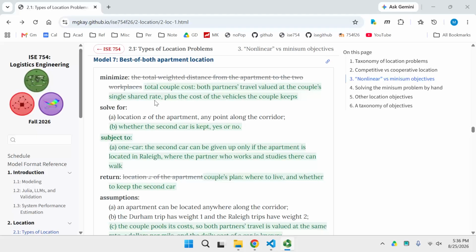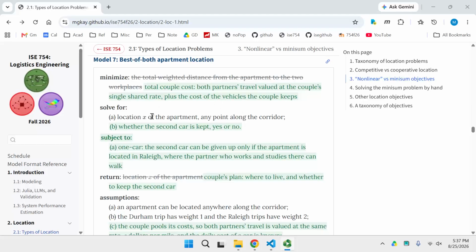So we assume the couple values, or essentially costs out, their travel distance, and that can then be made comparable to the cost of the vehicles that both of the couple need to be able to reach their jobs and go to school.